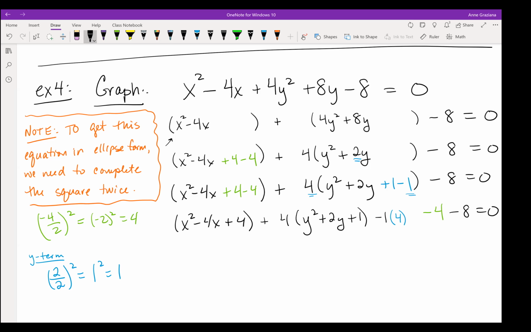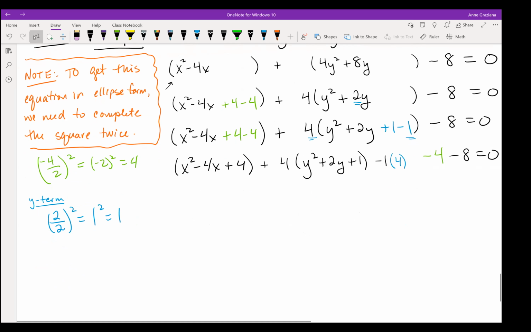Okay. All right, so now this is something squared. This is x minus 2 squared plus 4 times y plus 1 squared. And then out here, I have -4 minus 4 minus 8. That's -16 is equal to 0. Any questions there?